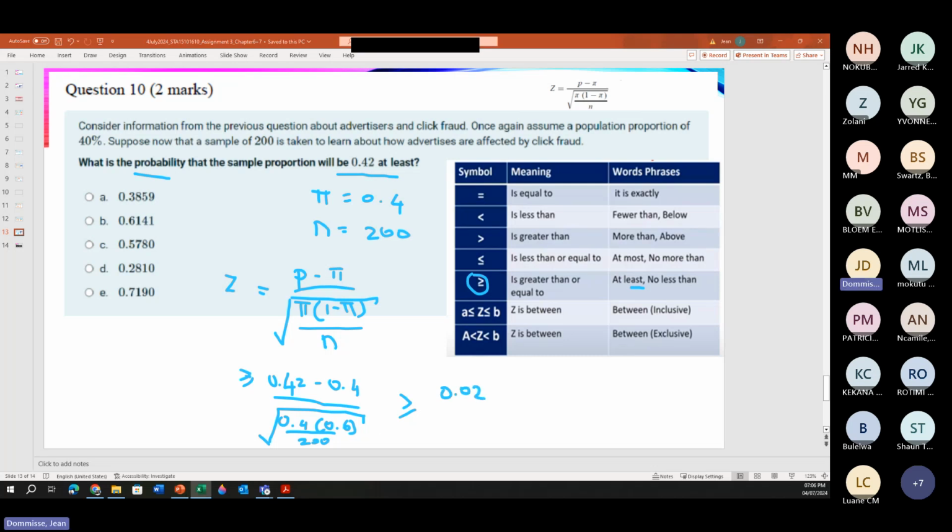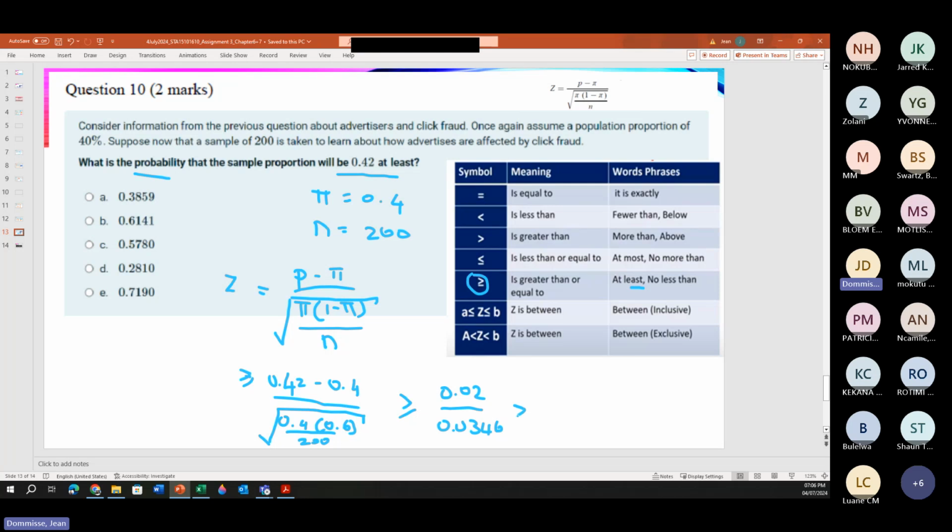And then the standard error of this one is 0.4 times 0.6 divided by 200, and we take the square root of it, which is 0.0346.